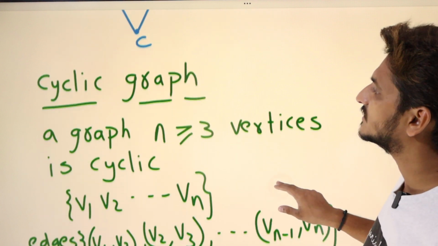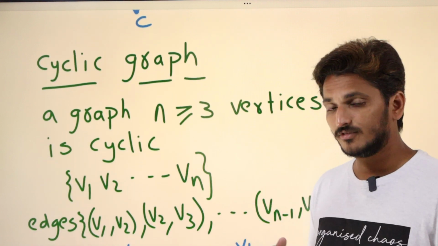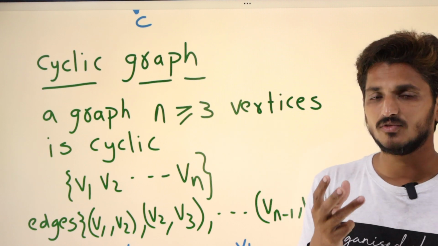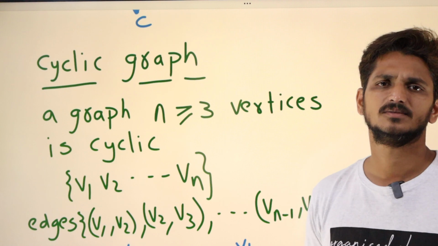Similarly, the next example is cyclic graph. A graph with n greater than or equal to 3 vertices, meaning it should have at least 3 vertices, then only can you form cycles.